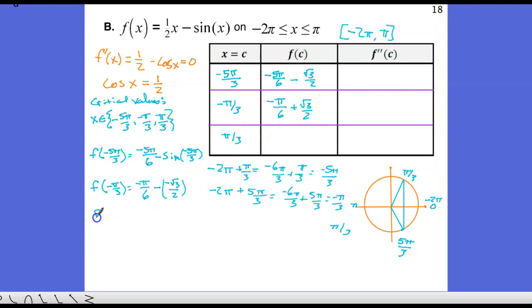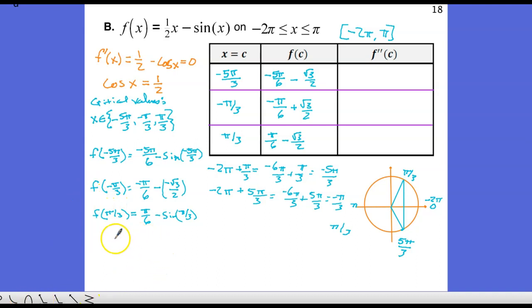And then let's find the third one. F of pi over 3 is equal to 1/2 times pi over 3, which is pi over 6, minus sine of pi over 3, and sine of pi over 3 is square root of 3 over 2. So we have pi over 6 minus square root of 3 over 2. Got to memorize that unit circle, so go back and review that if you need to.